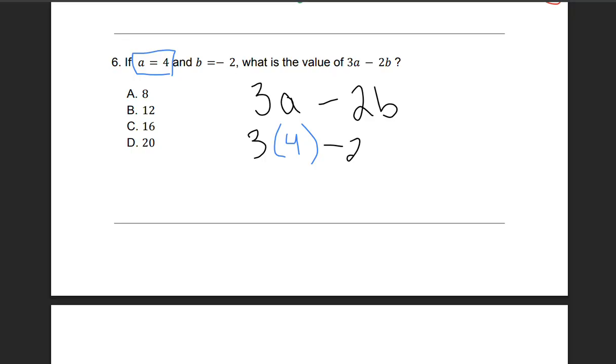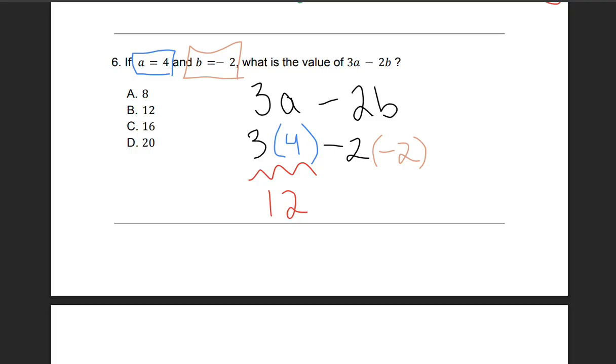Then I'm going to do the same process with the B. I'm keeping that minus 2. That is not the letter B. The B itself will replace with parentheses, and that is negative 2. Then we're just simplifying this down. Let's evaluate. We multiply what's on the left. 3 times 4 will give us 12.